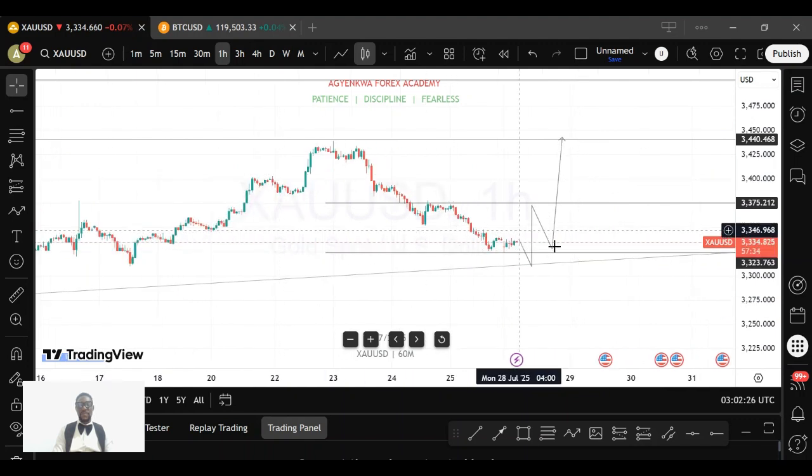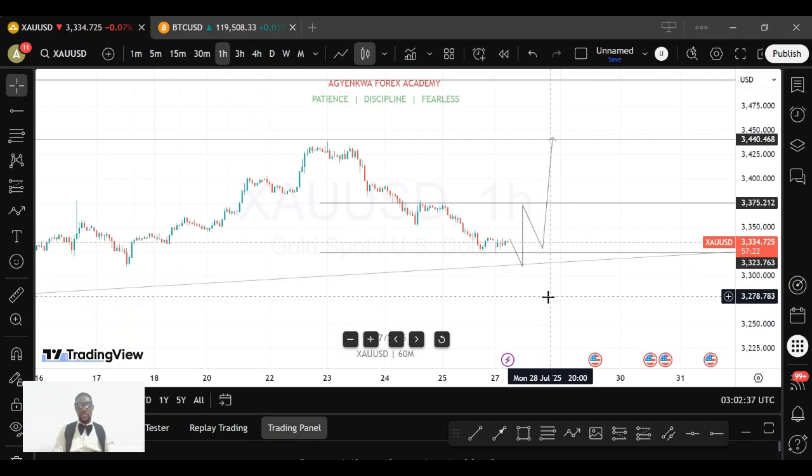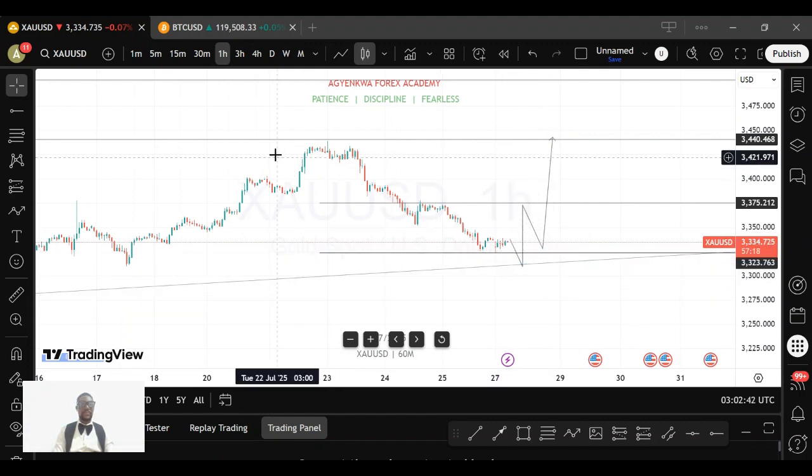But if it breaks this level, then we can look for sells. But for now, I think my best scenario here will be a buy. Okay, bullish.